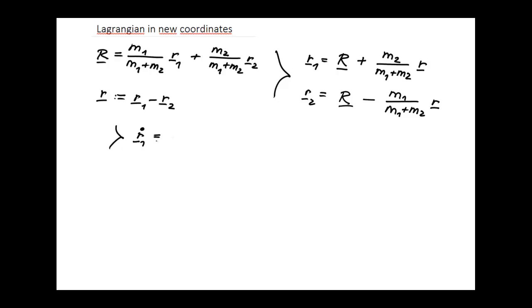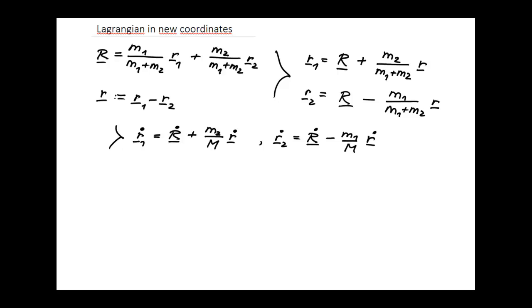This is capital R dot plus m2 over the total mass, but let me write for the total mass now the capital M, that's a bit simpler, times the distance vector time derivative, and for the velocity of the second mass you find the velocity of the center of mass minus m1 over total mass times the distance vector time derivative.